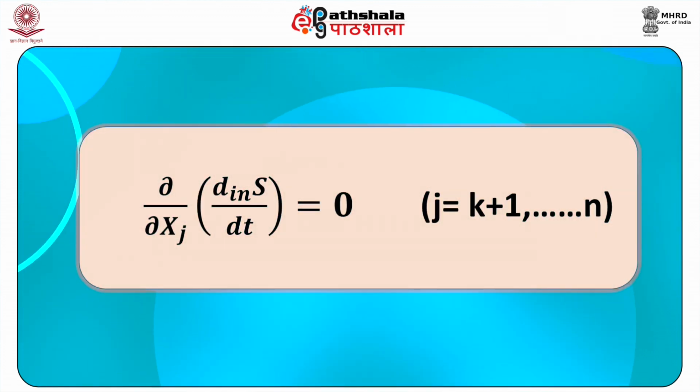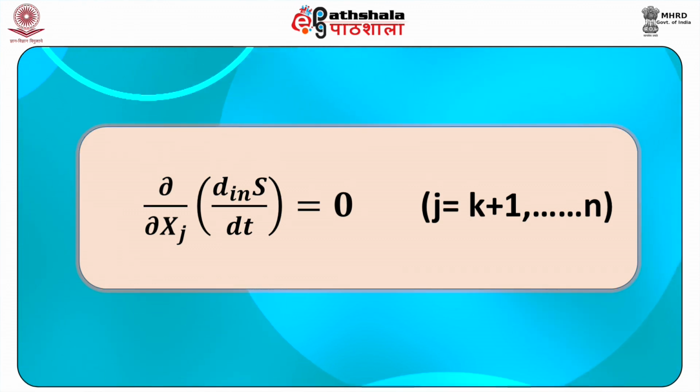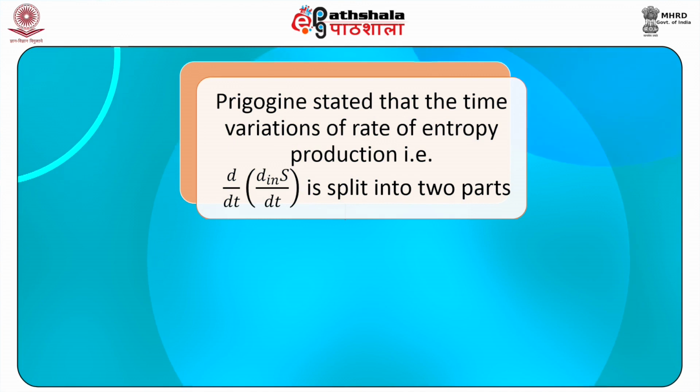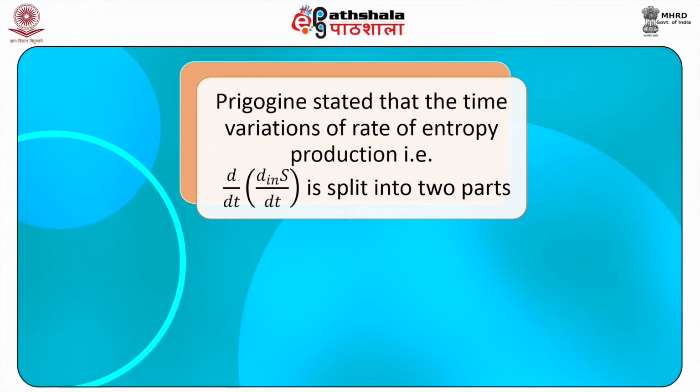Such conditions are equivalent to the minimum condition for entropy production, that is, the differential of internal entropy with respect to Xj is equal to 0.